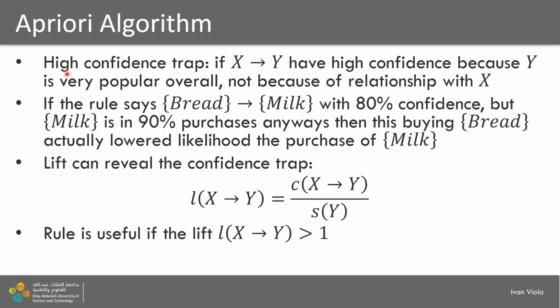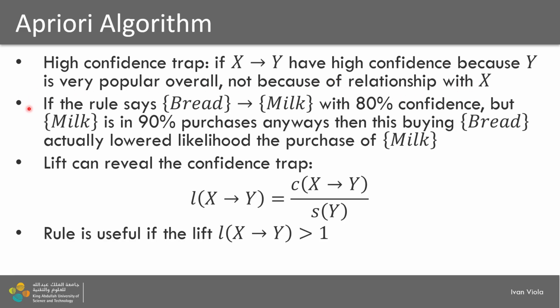Then this high confidence is not because of this association rule, but because of the popularity of Y in general, overall, and not because of the relationship with X. So that high confidence trap is problematic and can really exist.